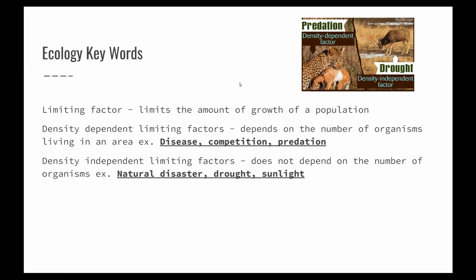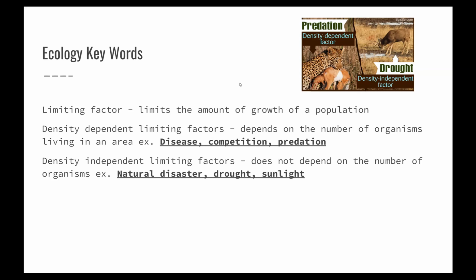They're not worse if there's more organisms, or less of a factor just because there's not very many organisms. So they don't depend on the density.